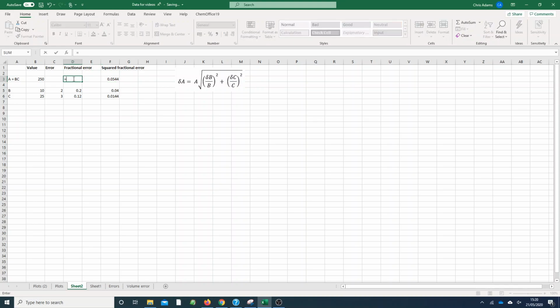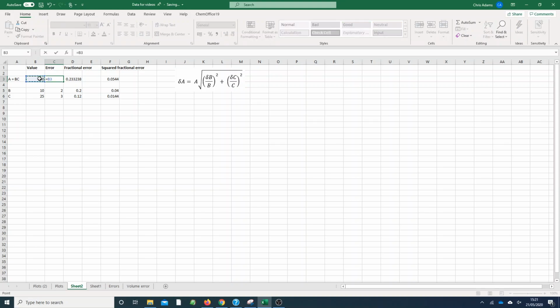So to find the fractional error, I need to take the square root of this value here. So I do equals square root, SQRT, of that cell there. Press enter. So I now have a fractional error in my product of 0.233. So to find the absolute error, I multiply the value that I have by the fractional error.